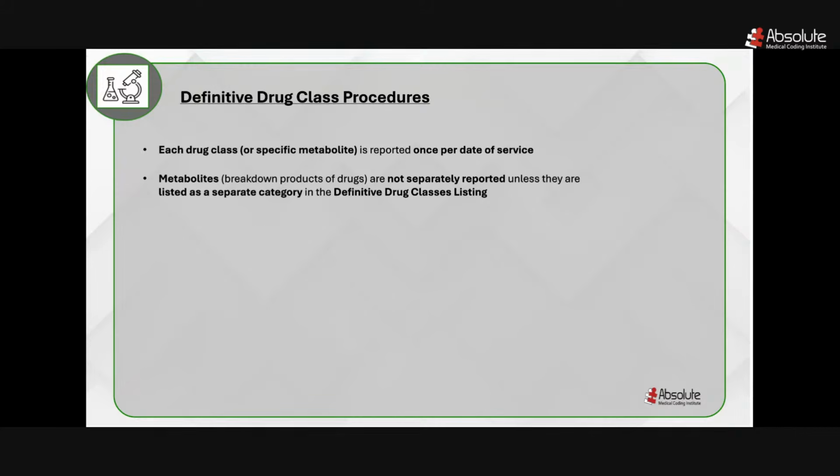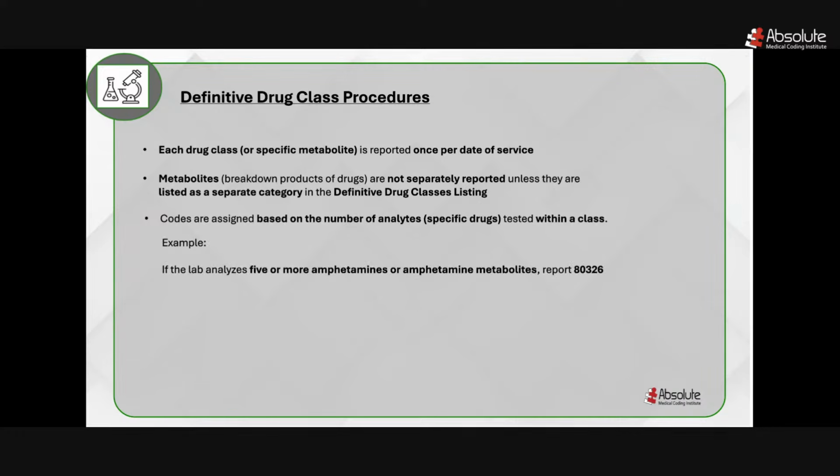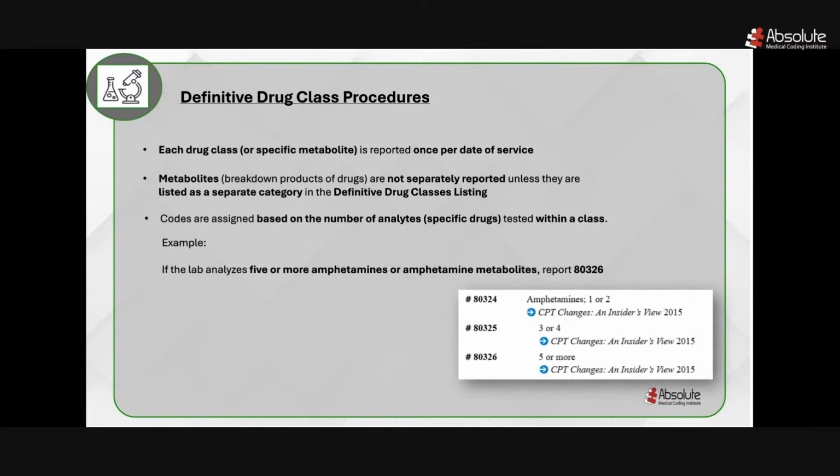Okay, and codes are assigned based on the number of analytes tested within a class. Let me give you an example. If a lab analyzes 5 or more amphetamines or their metabolites, you would report 80326. You can see the CPT codes over here.